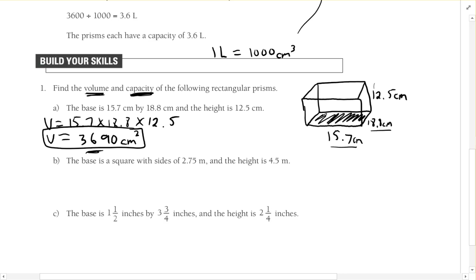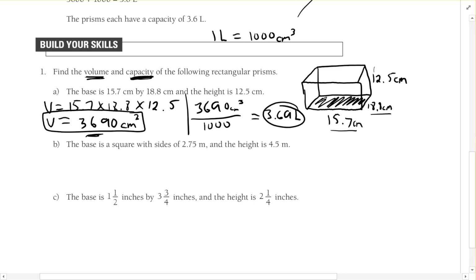So to find my capacity, I'm just going to go 3,690 centimeters cubed and divide that by 1,000. And that's going to give me 3.69 liters. You can see that I've really just moved the decimal place over 3 times. It was on the end, and I moved it 3 times over. It's going to be that easy. Whenever it says find capacity, that's pretty much what we're going to do.